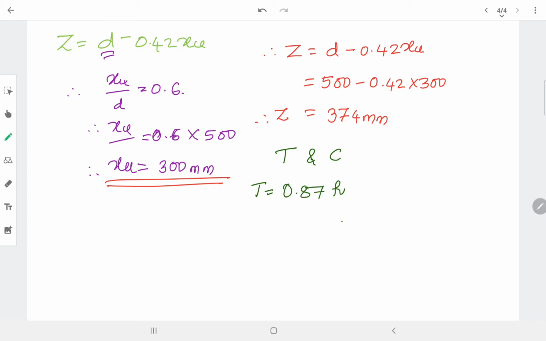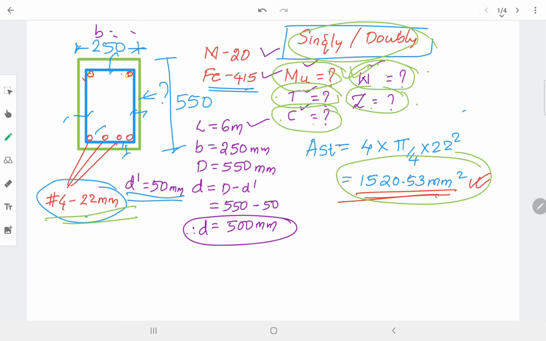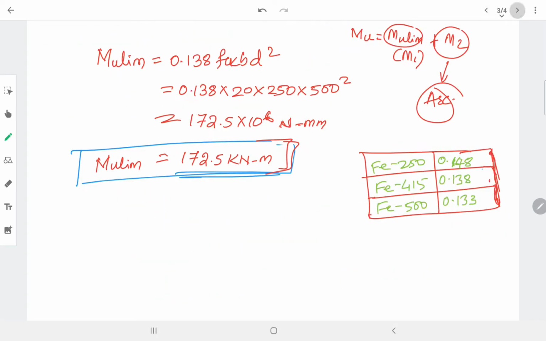It is there in the stress block parameters, just go through that. So I'll be writing 0.87 Fy, that is 415, into AST, which we have already calculated here, 1520.53.